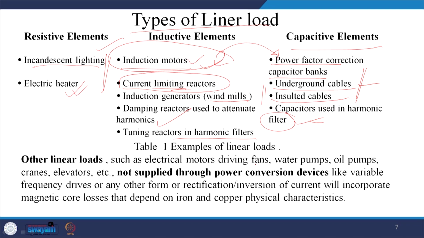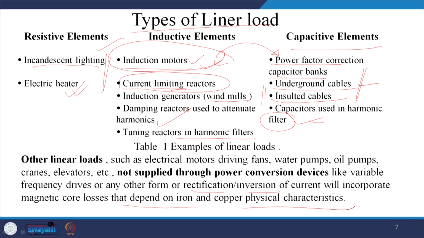So, the other linear loads such as electric motor drives, fans, water pumps, oil pumps, cranes, elevators, etc., not supplied through power conversion devices like adjustable speed drives or variable frequency drives or any other rectification and inversion of the current, will incorporate magnetic core loss that depends on the iron and copper physical characteristics of those devices.